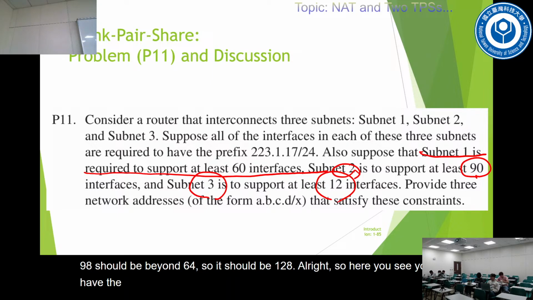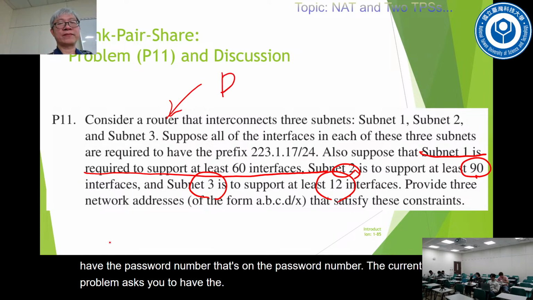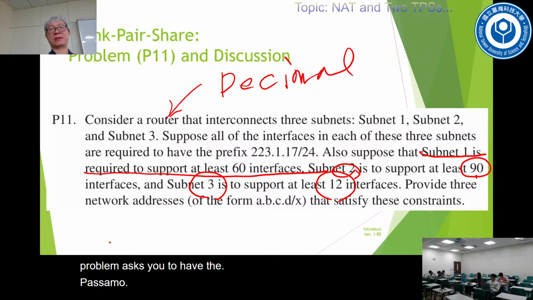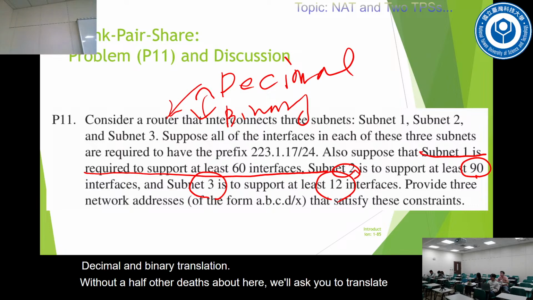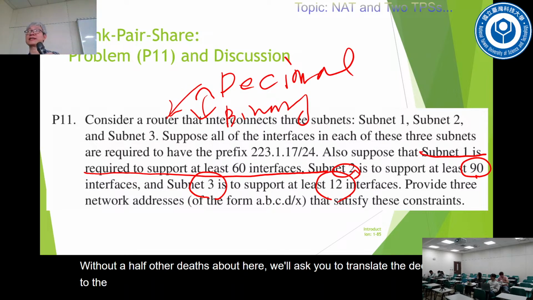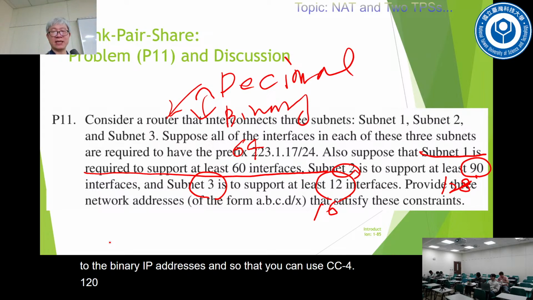Based on the possible numbers, the current problem asks you to do the decimal and binary translation. We already have the decimal here. We ask you to translate the decimal to the binary IP addresses, so that you can use 64, 128, and 16, and have the proper partition.